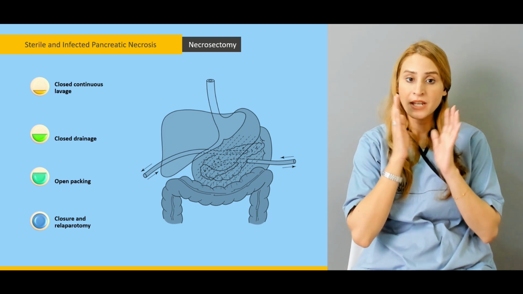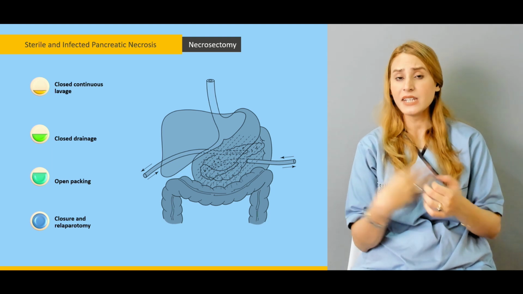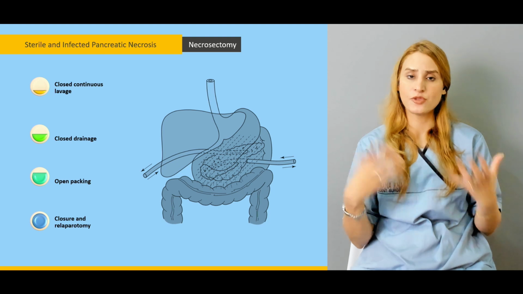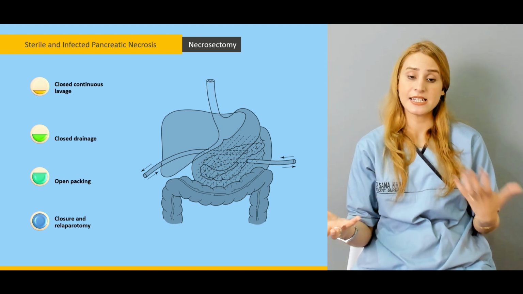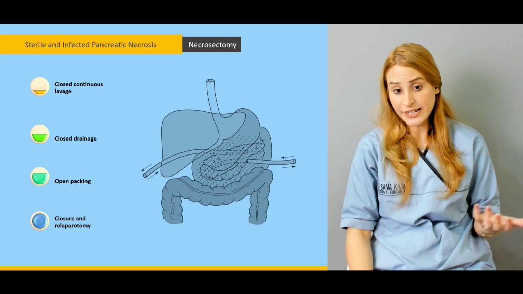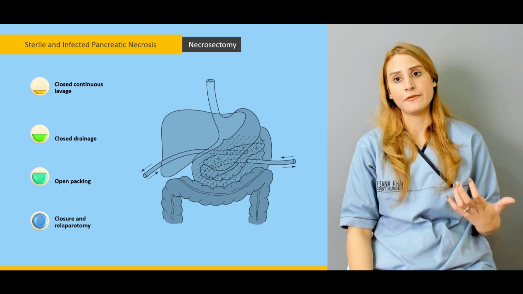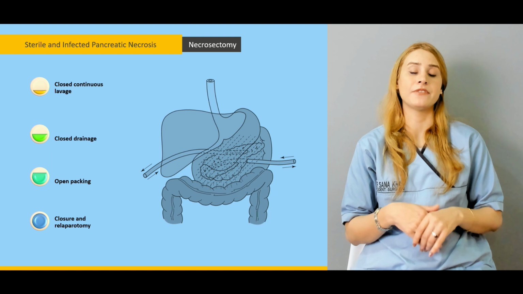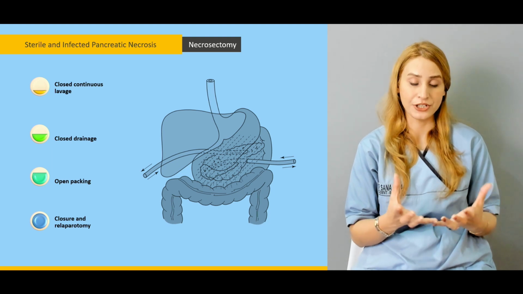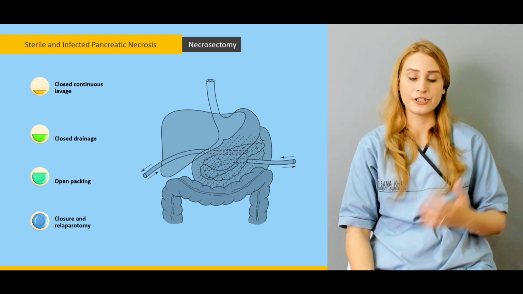So for the pancreatic fluid collection, the options are a T-tube for drainage, ERCP-guided stenting, closed continuous lavage, closed drainage, open packing, and visualizing the wound again and again if you have easy availability of the theater in your hospital, or you can go for closure and re-laparotomy.